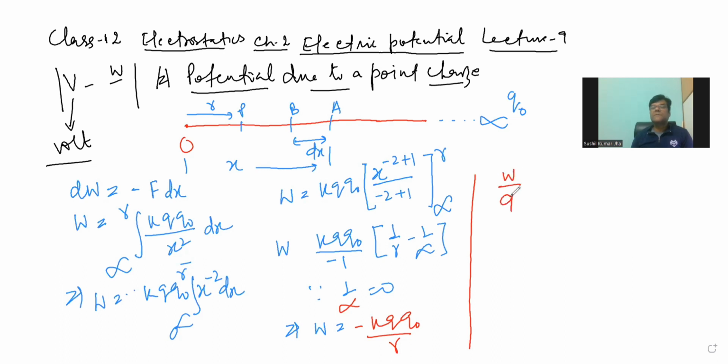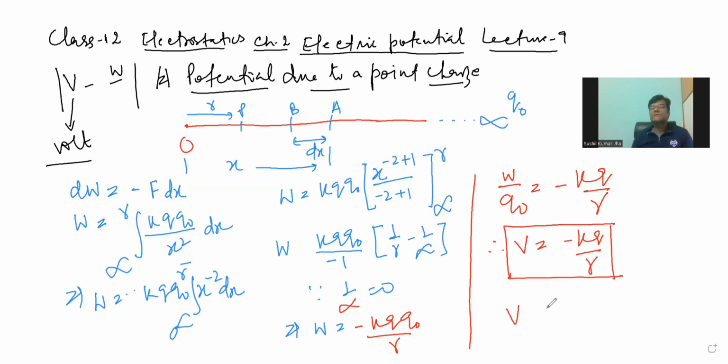So W upon Q naught is minus of KQ upon R, and W upon Q naught is V. Therefore, V is equal to minus KQ upon R, which means potential is proportional to 1 by R. And if you plot a graph of V versus R, then it is like this.